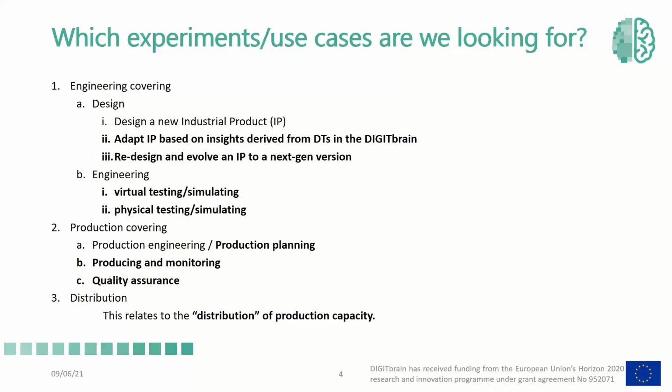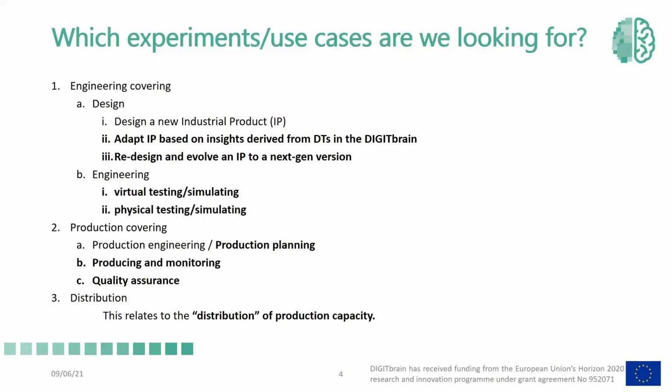In engineering support, the testing and the simulation bit based on digital twins, using information collected from the field, for instance, optimize production planning, monitoring production for the purpose of predictive maintenance or for quality assurance tasks.